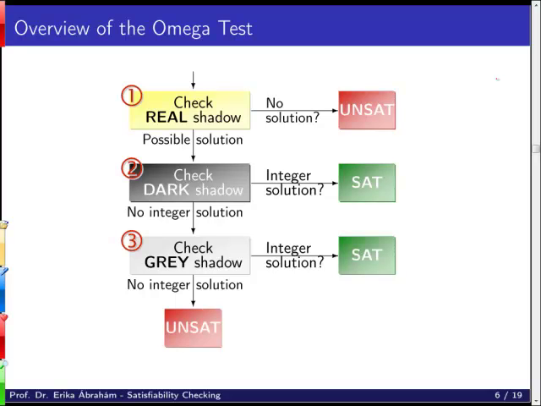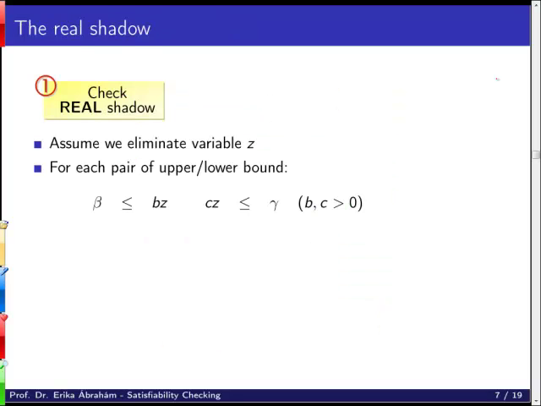So let us first look at the real shadow. This is, as we know from the previous lectures, if I have two inequations, so Z is now a variable, and B and C are integer coefficients, and these are linear terms.